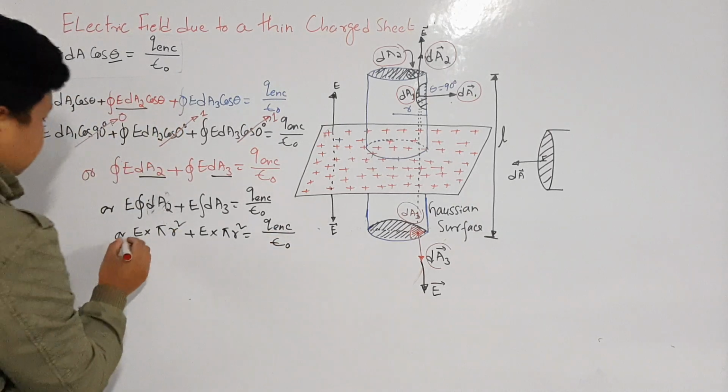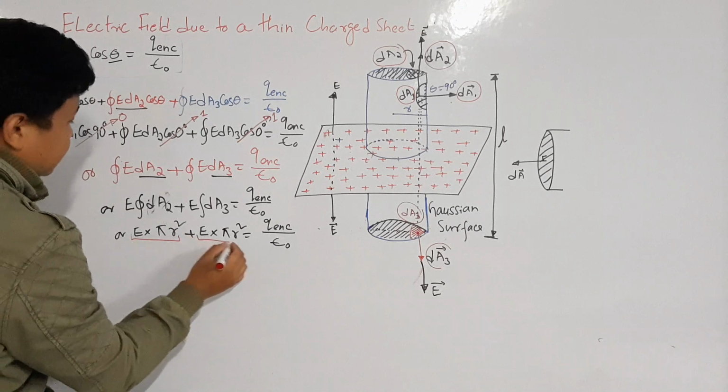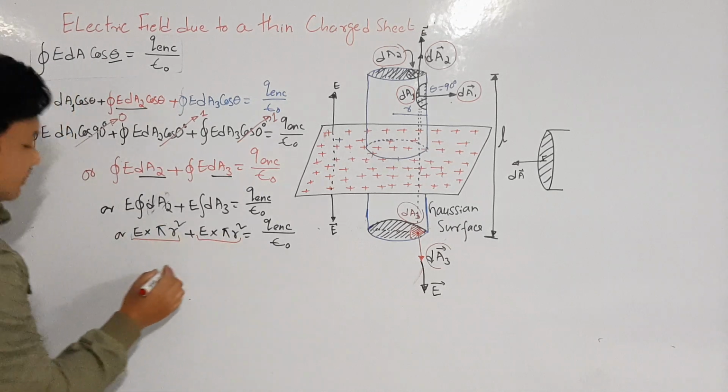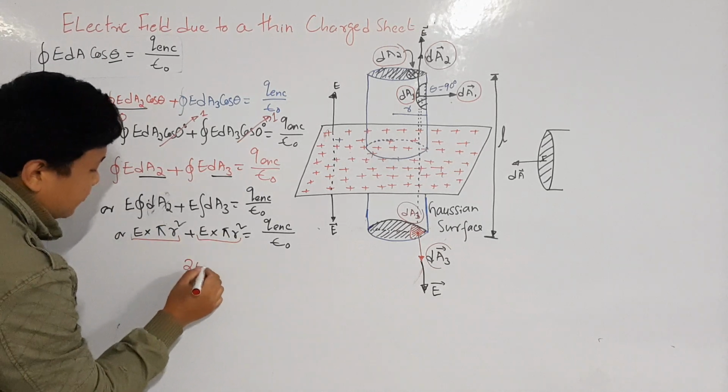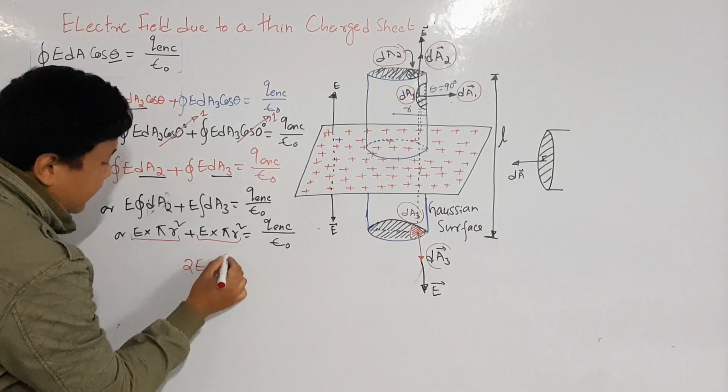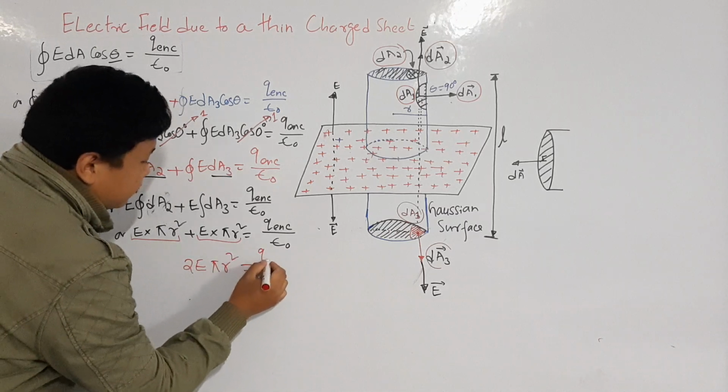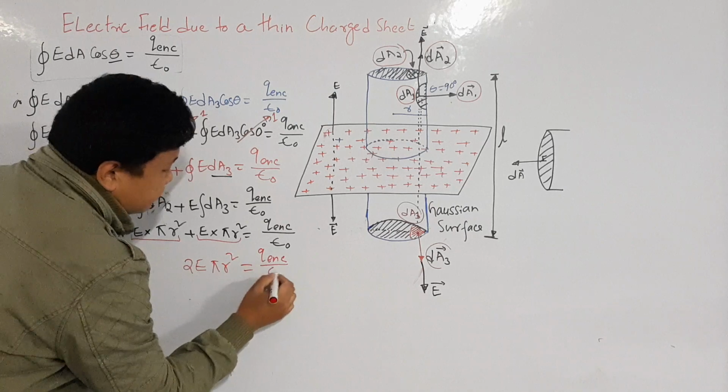Now see this and this are the same. So if we add them, what will we get? 2E pi r square is equal to Q enclosed by epsilon naught.